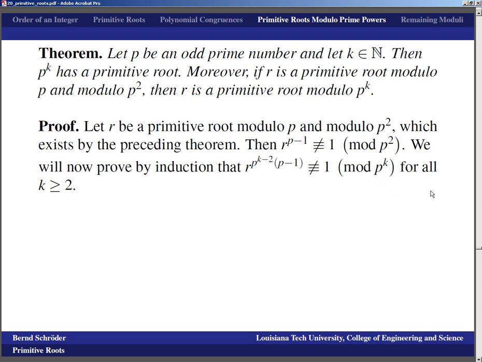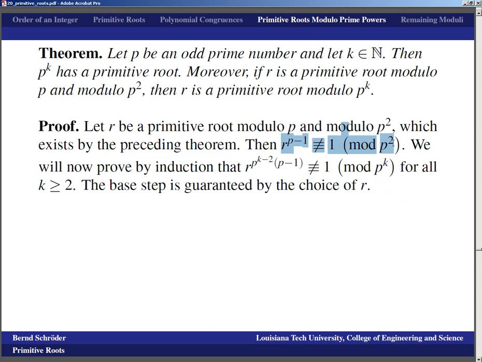I think we'll talk our way through that 2 panels from now. The base step is, of course, guaranteed by the choice of r, and that's because we're going with k greater or equal than 2, and so k equals 2 is already right here. Okay, the highlighting doesn't go too well.